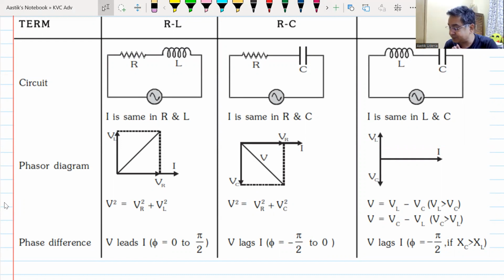This is your applied voltage E or V, whatever you call it. If you want to call it E, you call it E. If you want to call it V, you call it V. Doesn't matter. I have told you as E. Here it is written as V. Do we understand this? But we haven't done LC, sir.